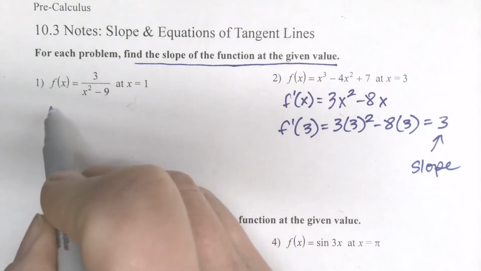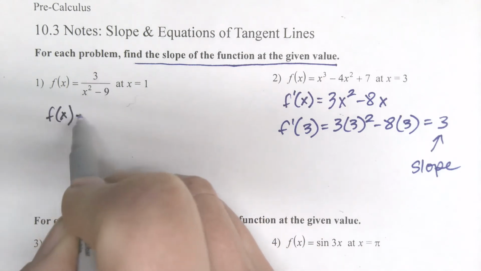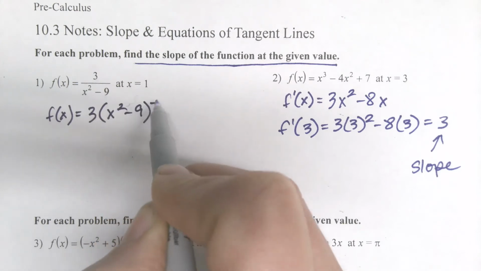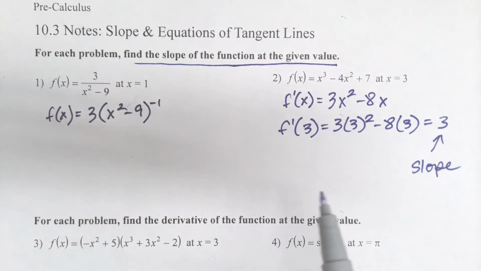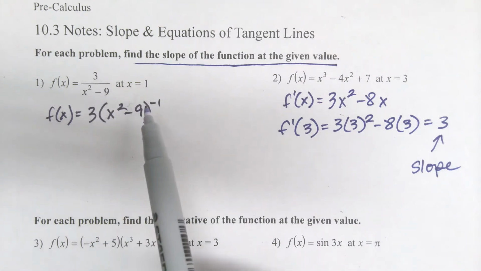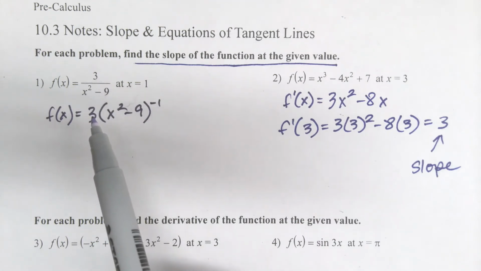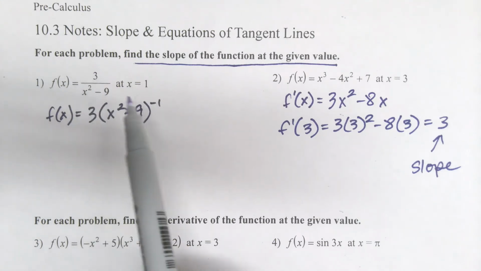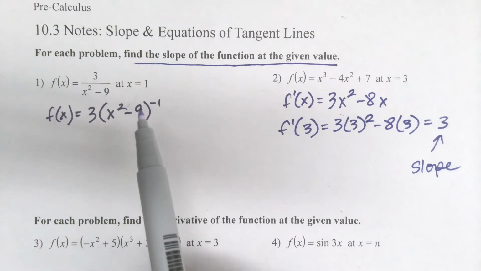I could write this as f of x equals 3 times x squared minus 9 raised to the negative first power. The reason that I prefer to do it this way is because I think it goes quicker than doing a quotient rule, but that's not always an option. Every time you see a quotient, writing it as a negative power isn't necessarily going to make it easier.